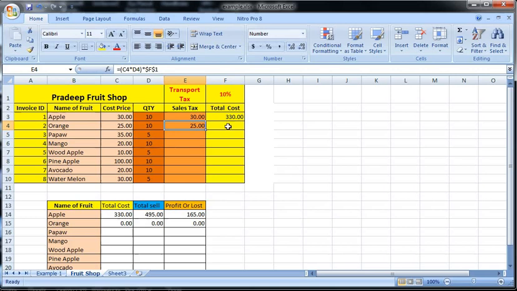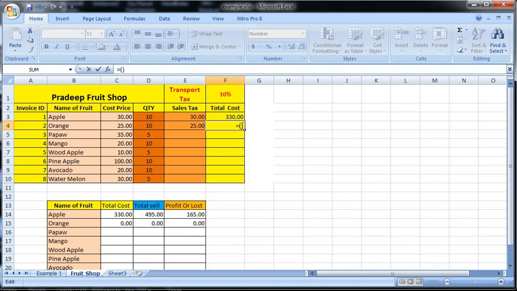In the same way I can use the same formula. I can use a formula or a function; in this one I'm going to use a formula, equal with the bracket open.